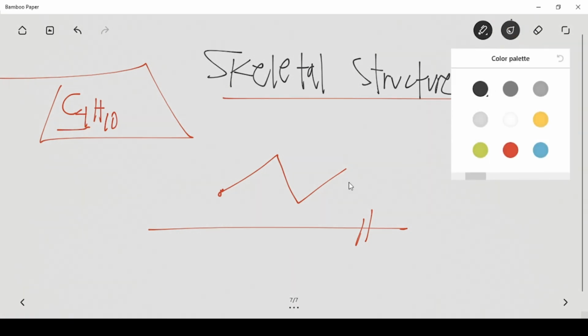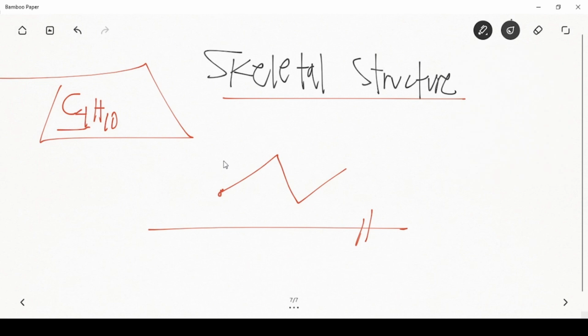Now, this is the hint in order for you to identify what kind of hydrocarbon it will be. So if you're going to write a skeletal structure, make sure that the number of edges is equivalent to the number of carbons, since these edges represent the carbons.